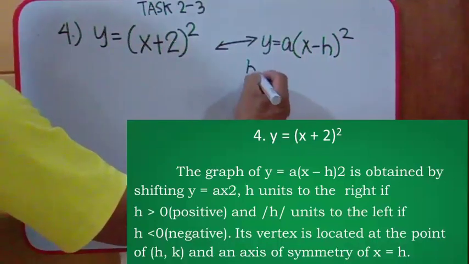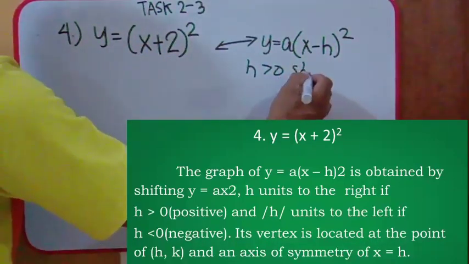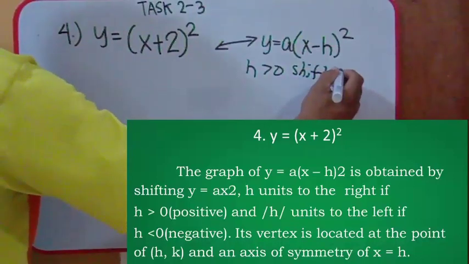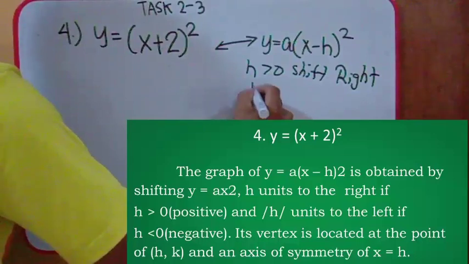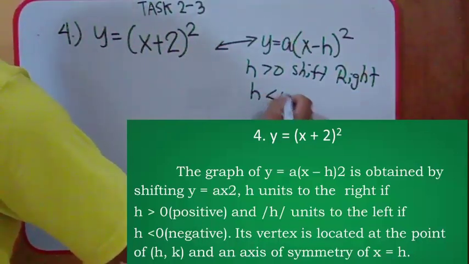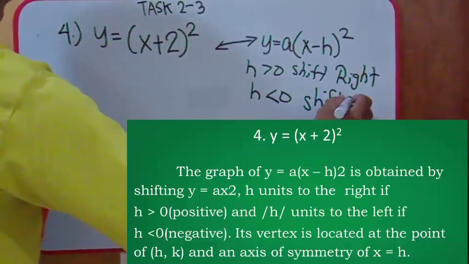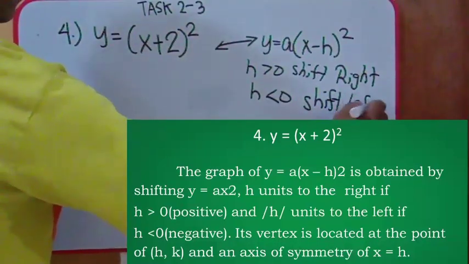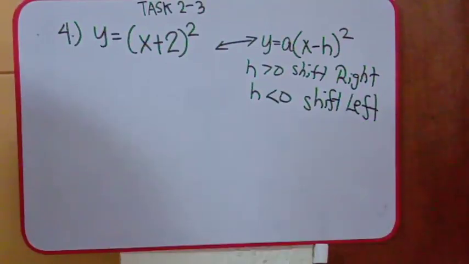Okay, if h is greater than 0, shift to the right. If h is less than 0, shift to the left. Okay, yan po yung idea natin dun sa ating given na function.